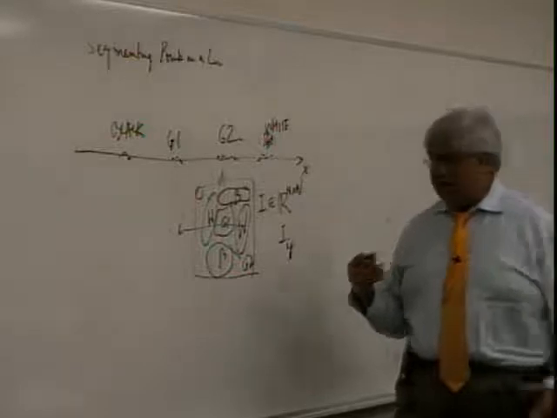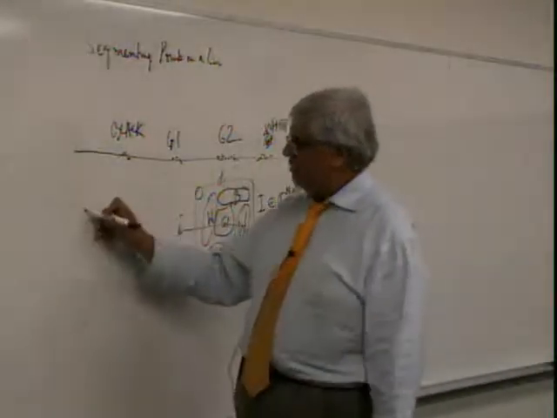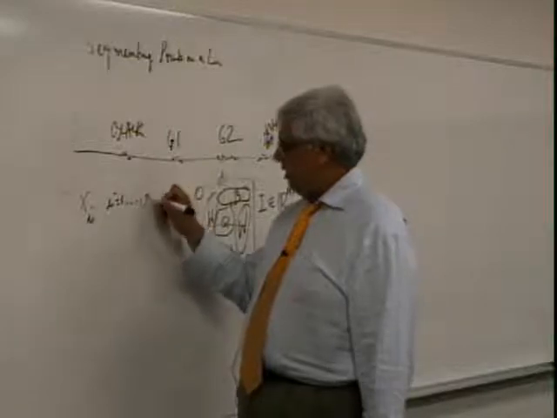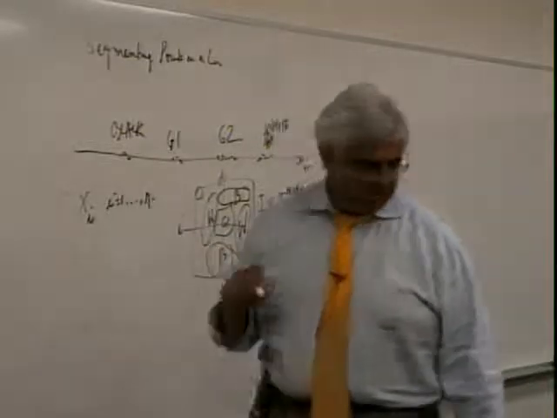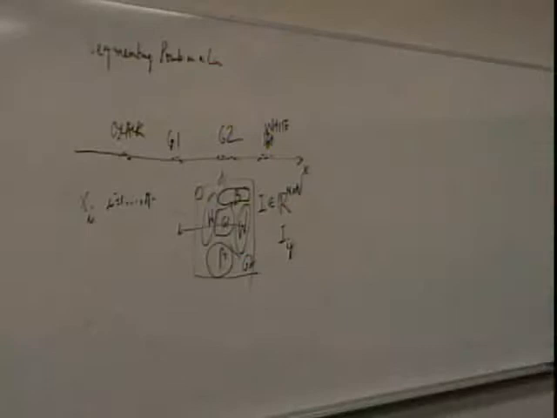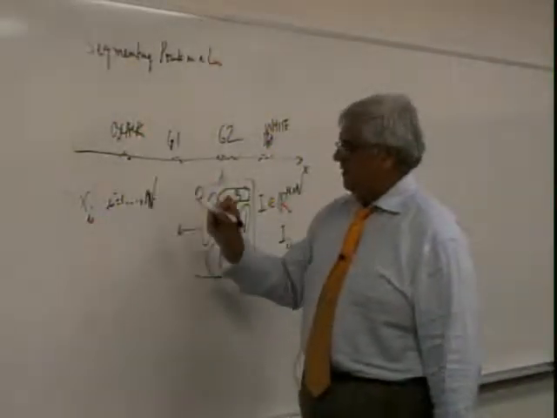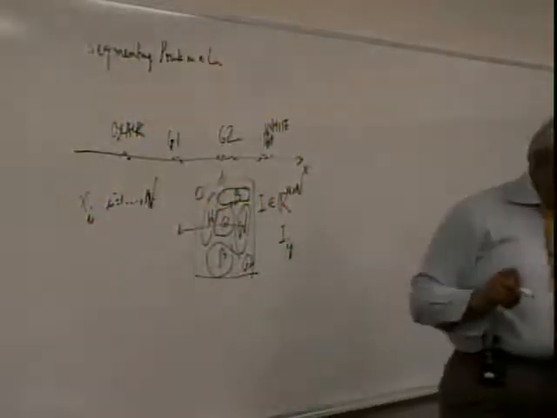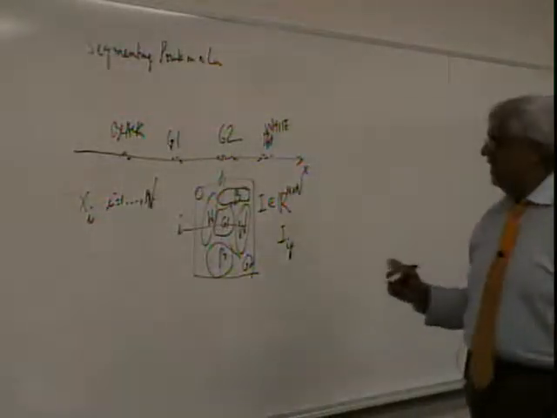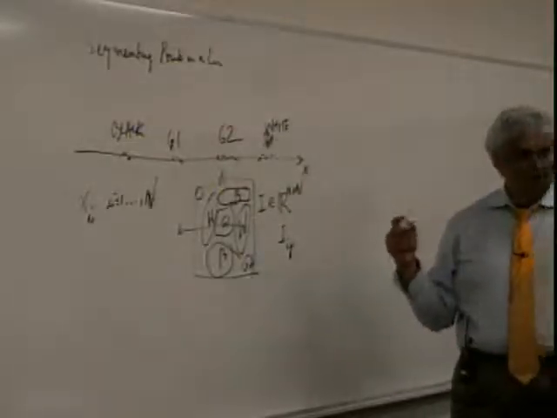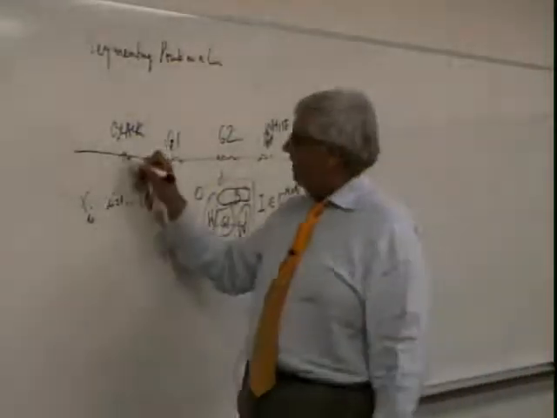So the question you ask yourself is that you're given a number of points, x_i, i equals 1 to, what is the notation? Capital N points on the line, and you are asked to figure out how many groupings there are of these N points, and figure out the centers of these.